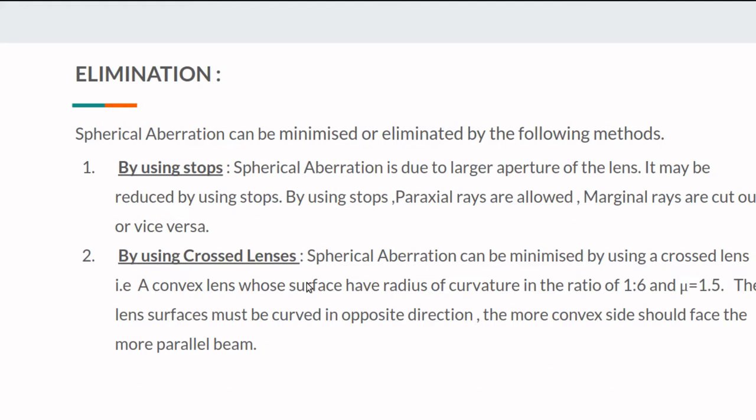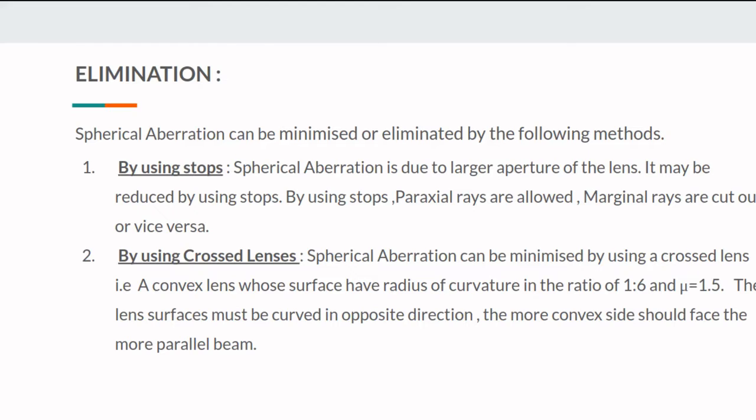Next, how is this defect eliminated? Spherical aberration is minimized or eliminated by different methods. The first method is by using stops. In the figure, we can observe rays incident on the lens at different zones.